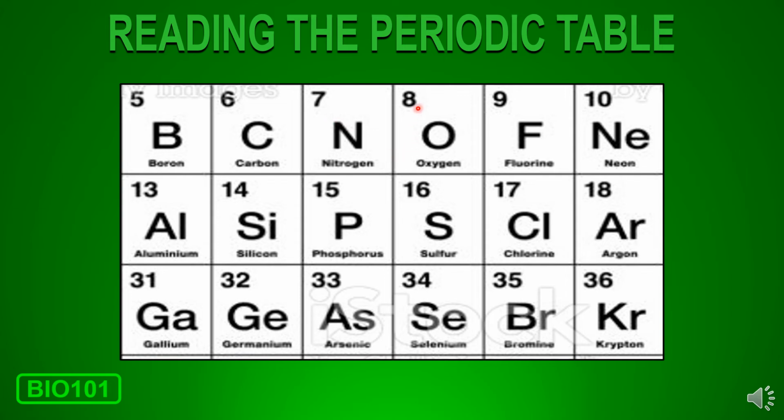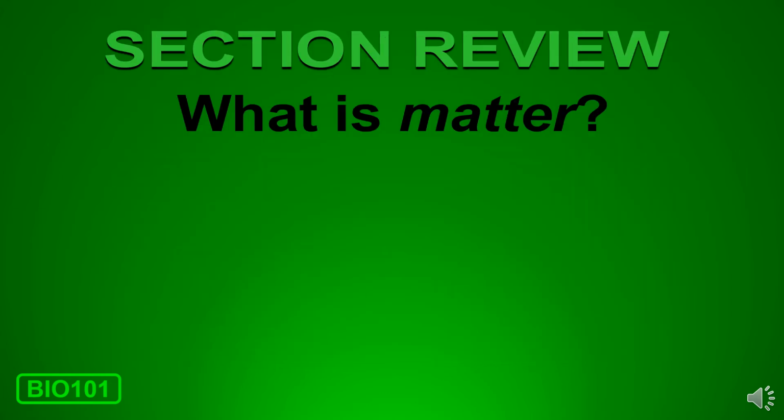Here's oxygen with its atomic number of 8, that means 8 protons, therefore 8 neutrons, and that gives it an atomic mass of 16, and we also know that there are 8 electrons in a neutral atom of oxygen. Okay, that's how that works.